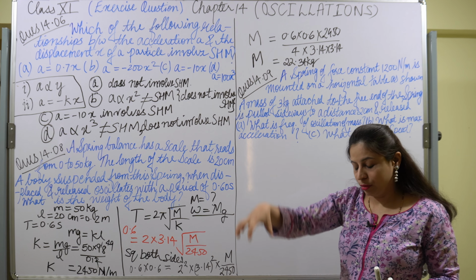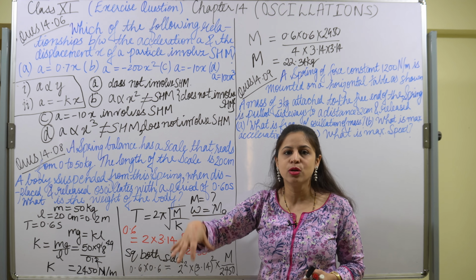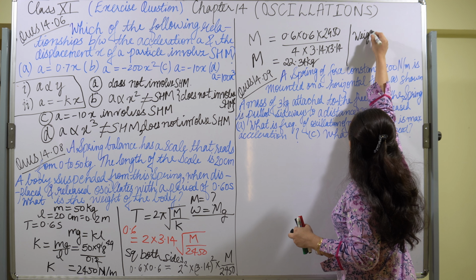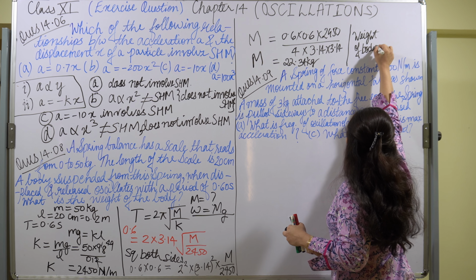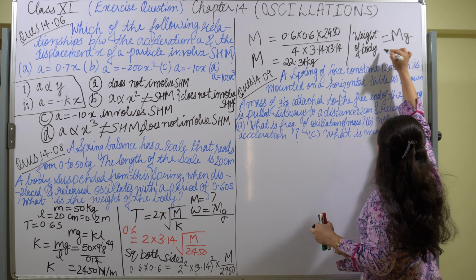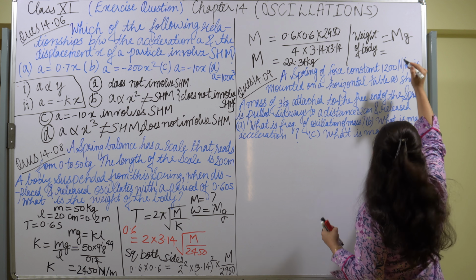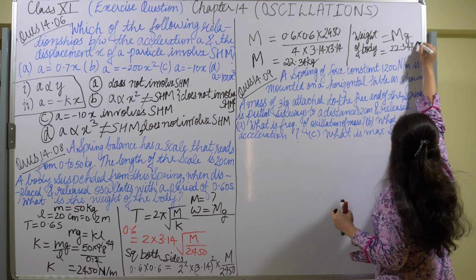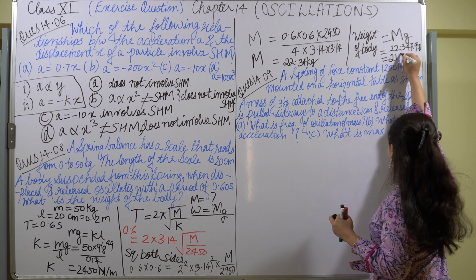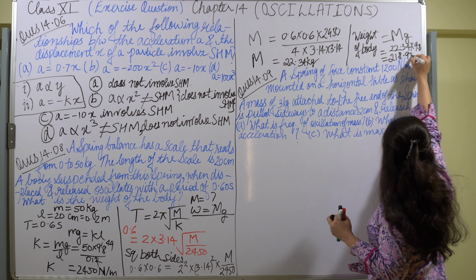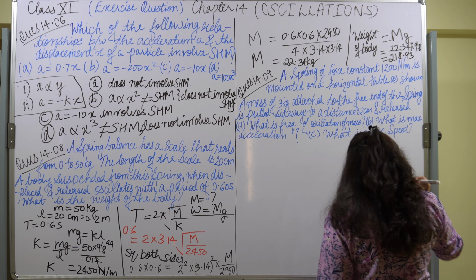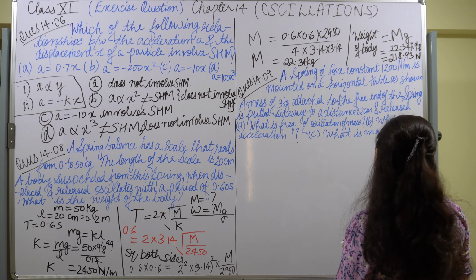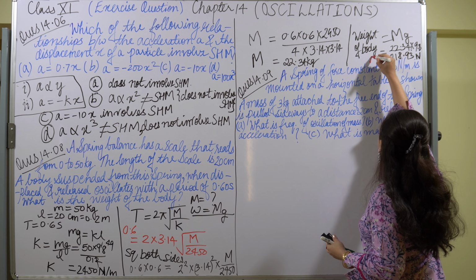Weight always acts downwards, so weight is equal to mg. So W, the weight of the body, will be equal to capital mg, which is 22.34 into 9.8, which comes out to be 218.93 Newton. This is my answer.